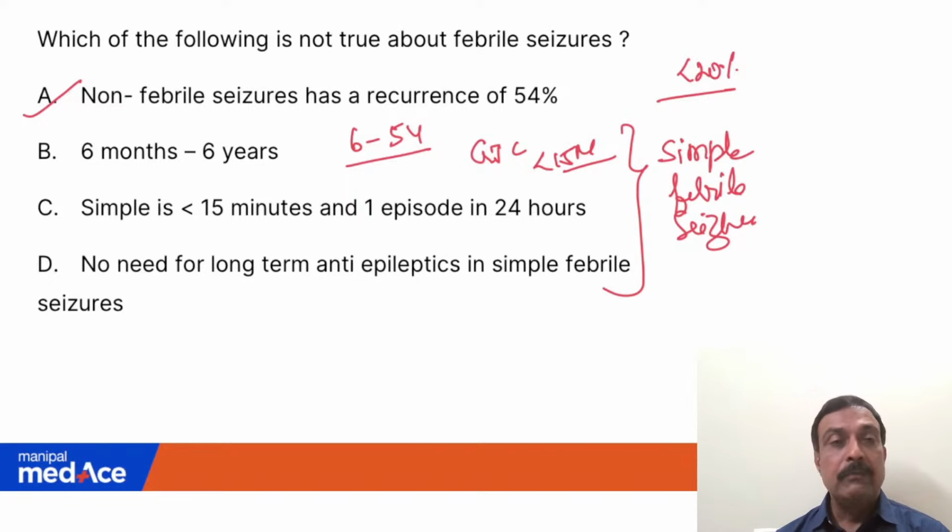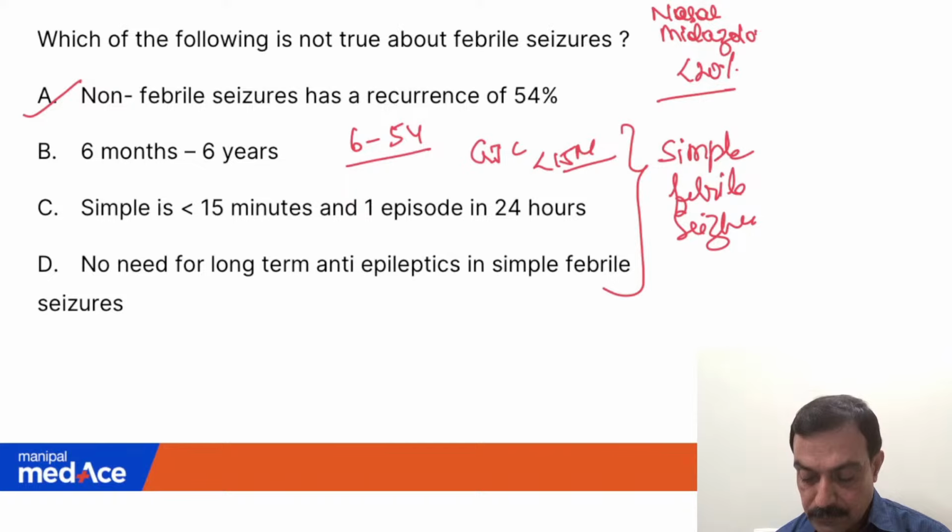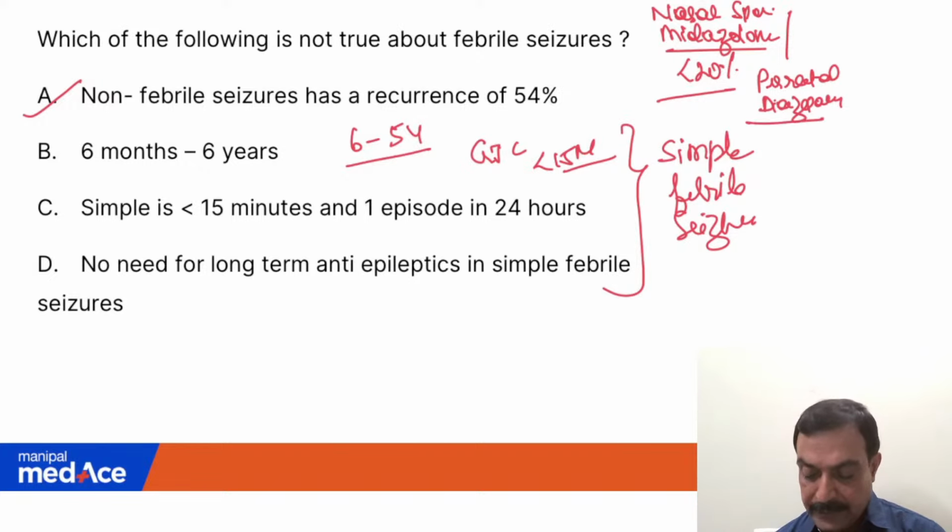And remember here, we do not use any anticonvulsant to treat febrile seizures. The medication used is either a nasal spray of midazolam, or sometimes we use per rectal diazepam to break the cycle, but this is an old outdated practice.